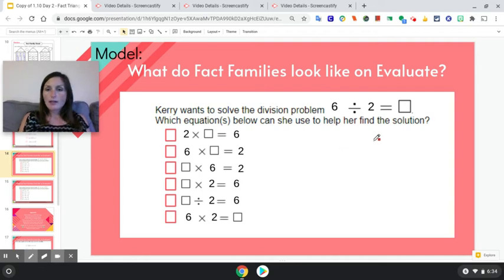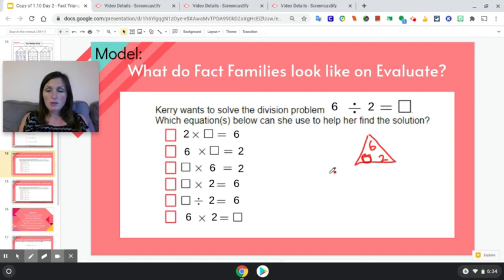Again, I'm going to do the same steps where I think about this fact triangle. This is 6 divided by 2 equals what? Since it's dividing, I know 6 is my big number, 2 is my little number, and I'm trying to figure out this missing number over here. So I'm going to do the same steps.